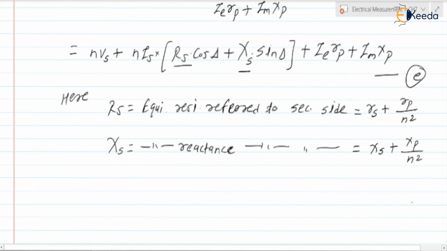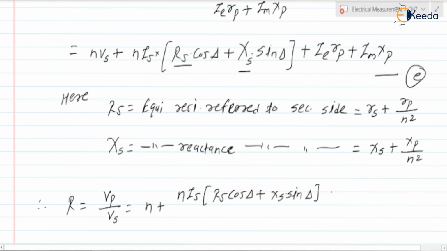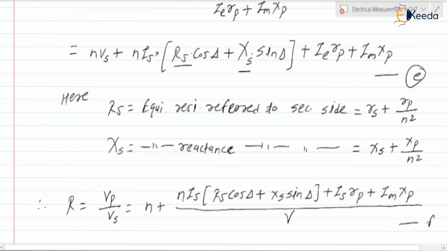So the actual transformation ratio R can be written as Vp by Vs, which is equal to n plus (n into Is into (Rs cos delta plus Xs sin delta) plus Ie into Rp plus Im into Xp) divided by Vs. Consider this as equation f.